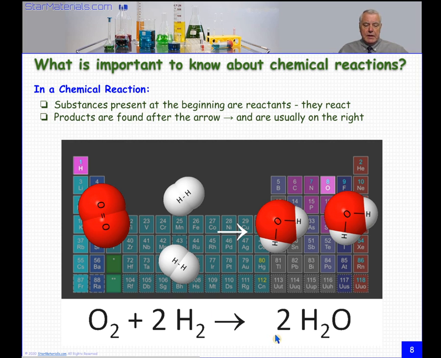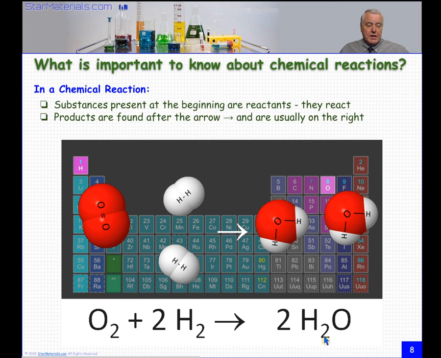You'll notice that this large 2 talks about how many molecules you have. If there's not a number there, the number is 1 because you have 1 oxygen.